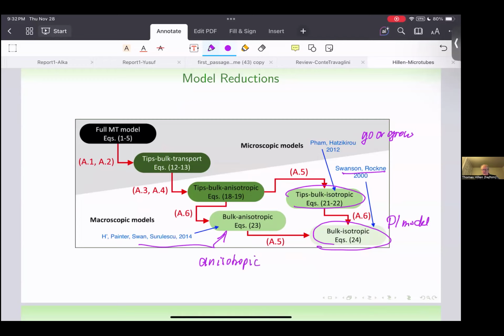So what I plan to do is to find scalings or quasi-steady state assumptions or something, so that I get actually the 3 models I started with as special cases: the PI model, the go or grow model, and the anisotropic model. If everything works out, they will show up here as special cases in this schematic.